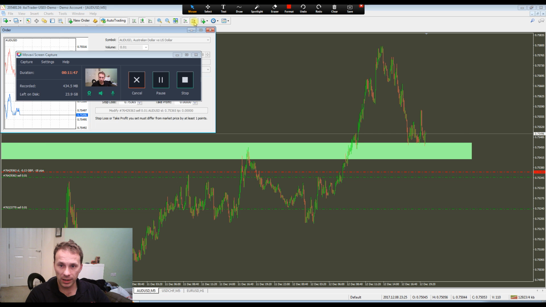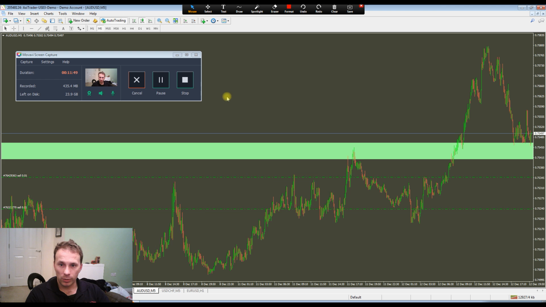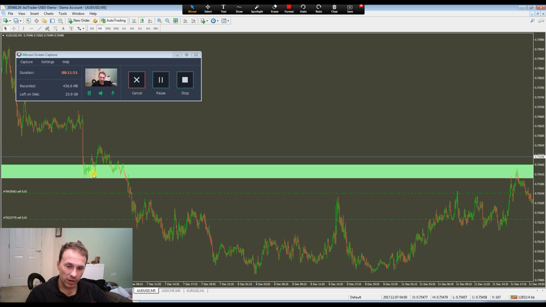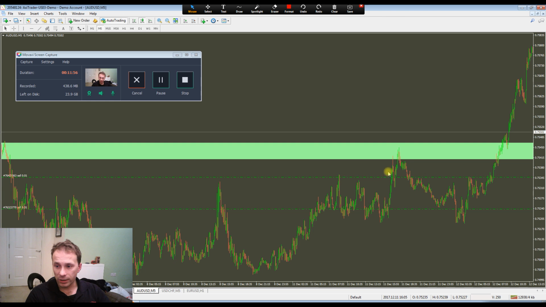Let me just zoom in here. Let me get rid of that. We can zoom in here. You can see the price bounced off it, broke it, came all the way down, and then retouched it again. All these would have been nice entry points.